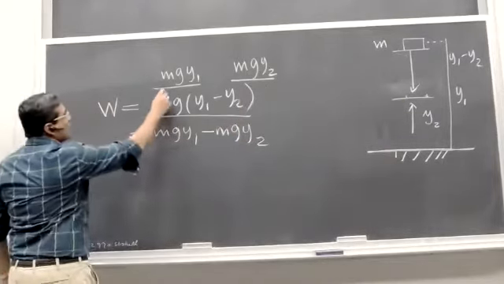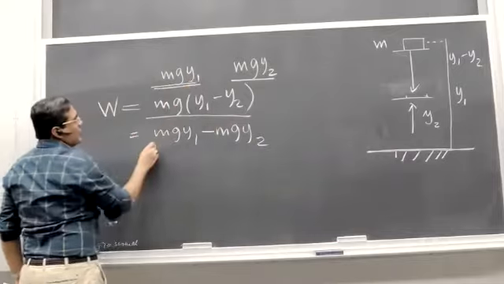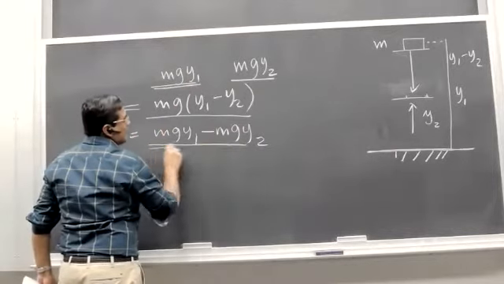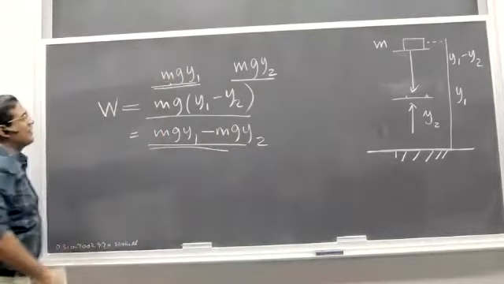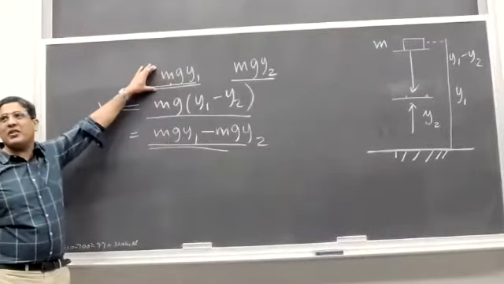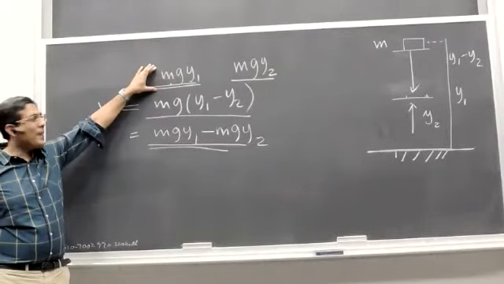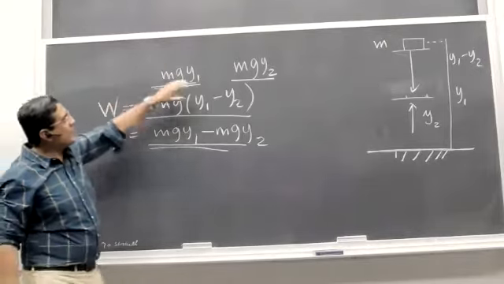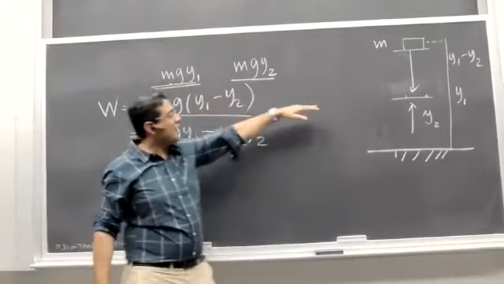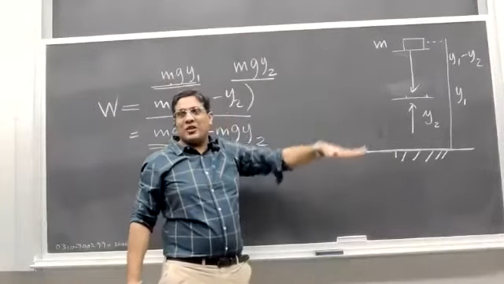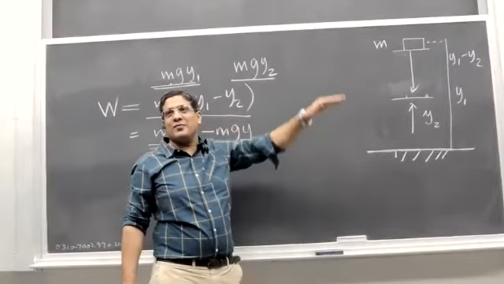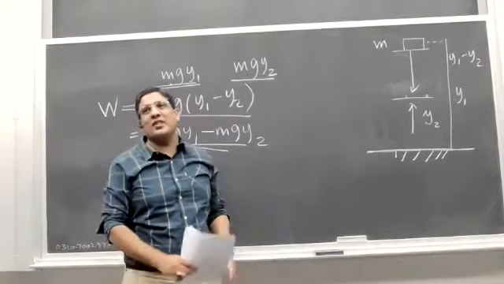You have to compare this quantity with this quantity. This one is larger, right? This is your initial potential energy, and this is the potential energy when you get here. So what have you done? You have decreased the potential energy.